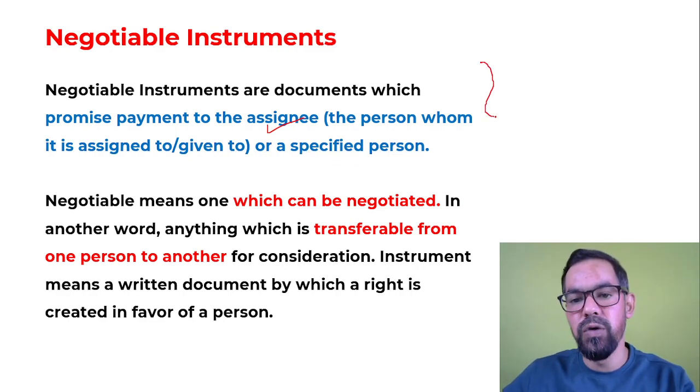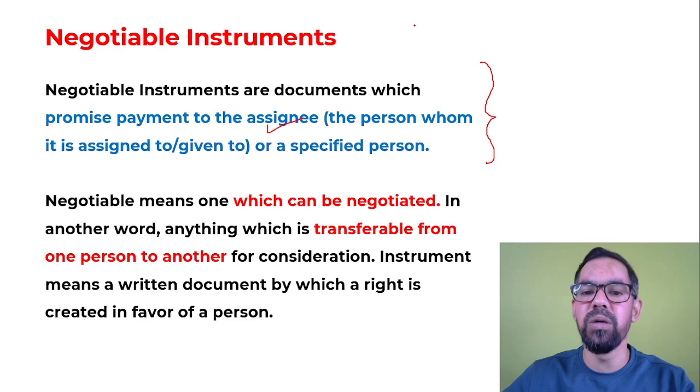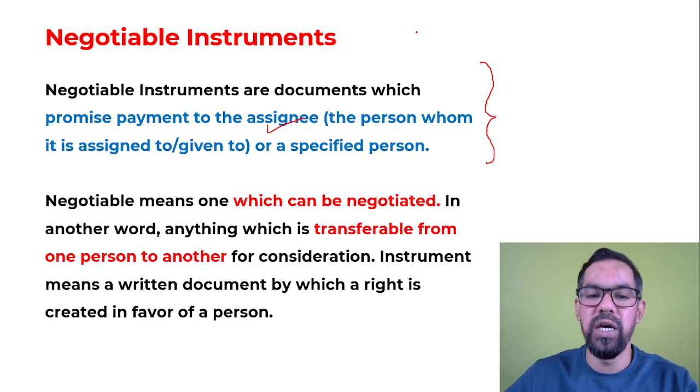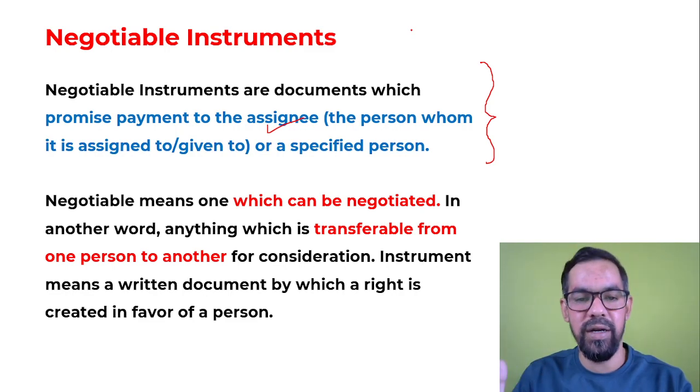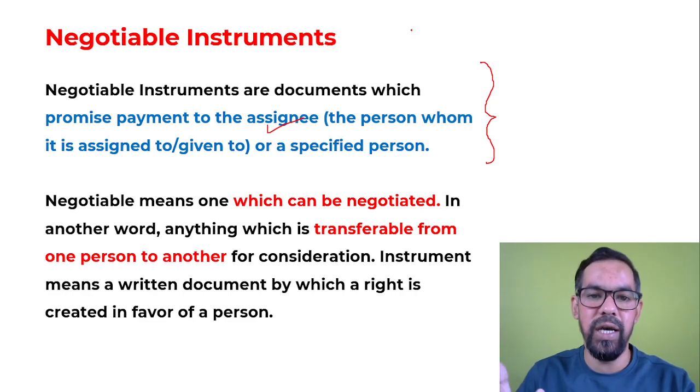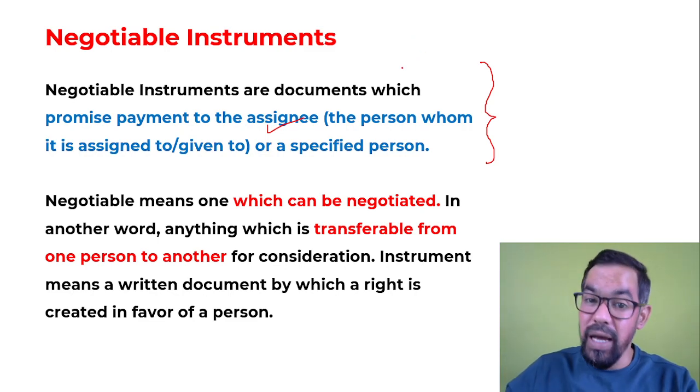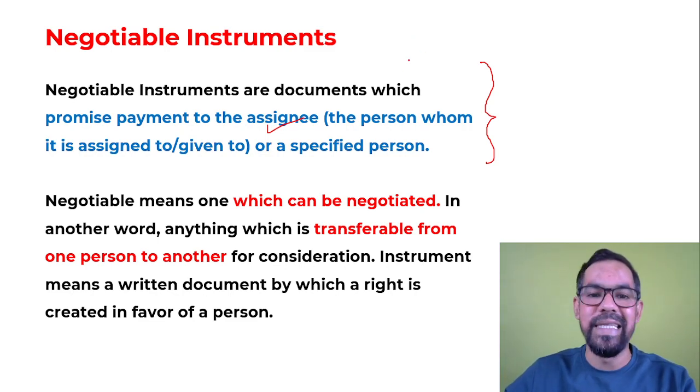Let's say you issue a cheque to XYZ person. XYZ person has the right to encash that cheque, or he can transfer that money into his account. And you cannot make any false promises on these documents.